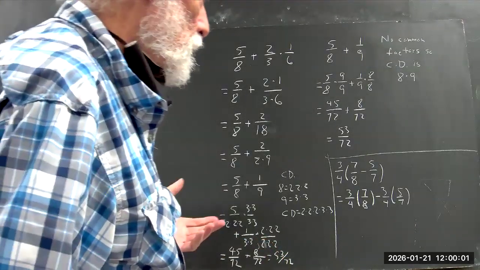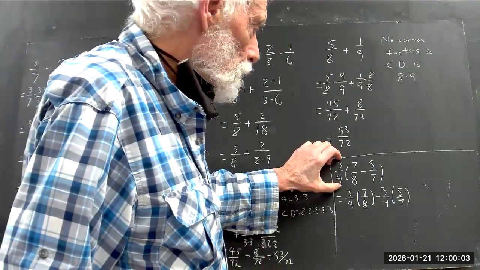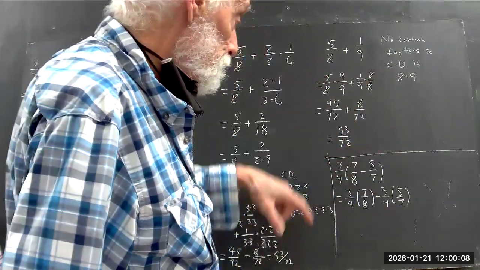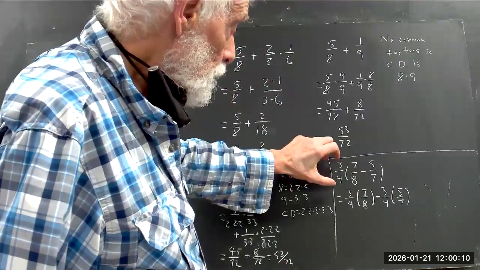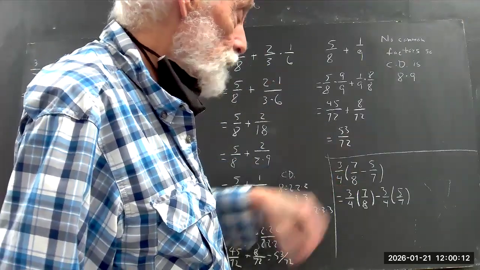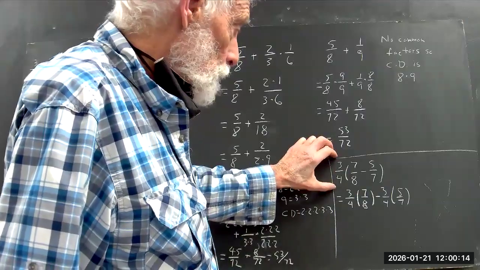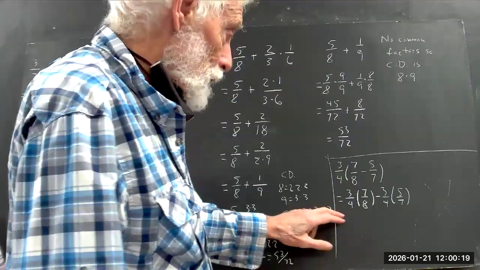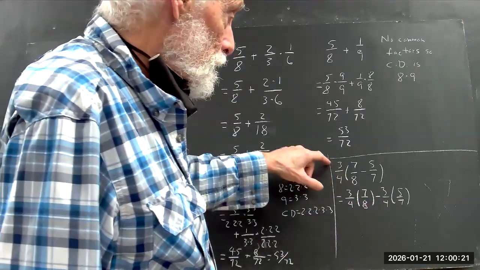Why is that? Well, we're multiplying 3/4 by the quantity 7/8 minus 5/7. That means 3/4 multiplies 7/8, and it multiplies the -5/7. And that's what we're saying here.